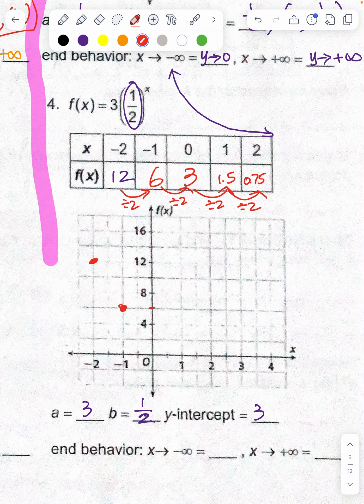Then 0, 3. Then 1, 1.5. Something like this. Okay, connect all of those and make a nice curve.